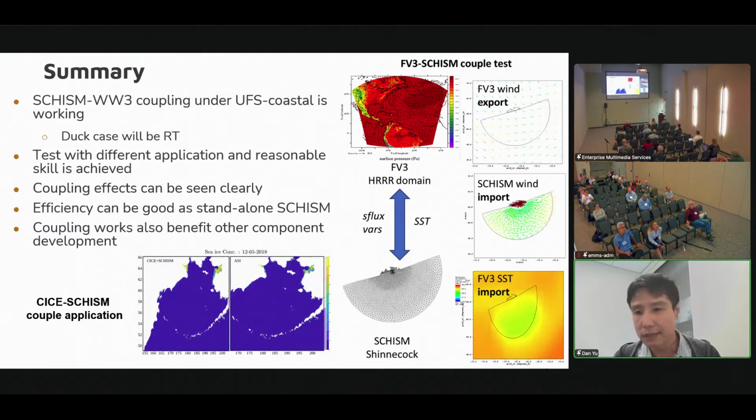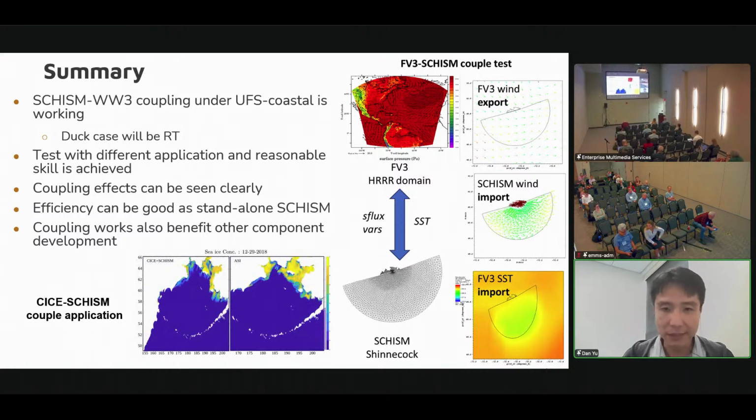On the right-hand side, we also try to test with other components. This is a simple test with FV3, and we check every exchange variable, exchange property, and we'll keep on doing this, and that's it. Thanks for your attention.